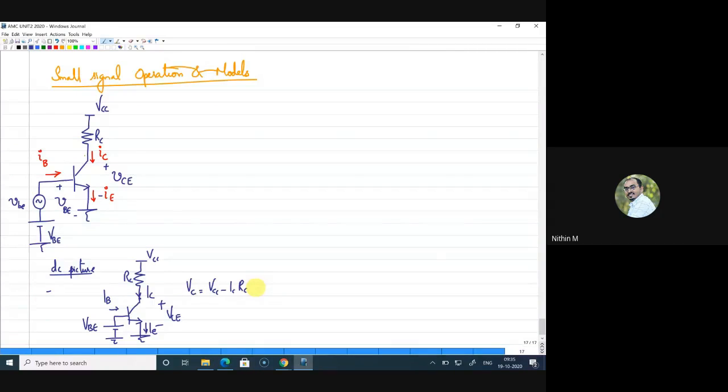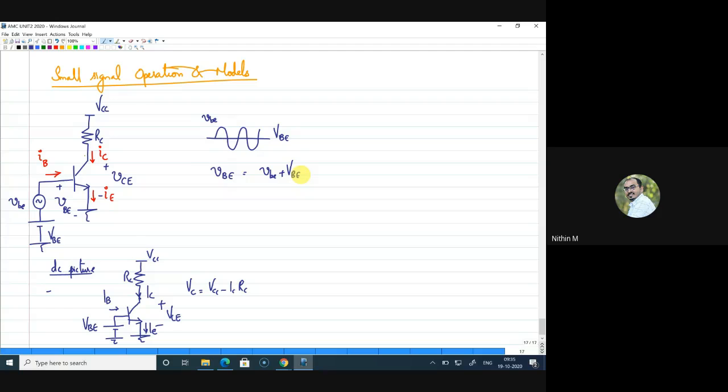Now for AC, if you look back at the circuit which has the AC voltage, what I understand is there is a DC voltage VBE. On that DC voltage, I am applying a small signal which is small vbe, and together I have a composite signal VBE, which is the sum of small vbe and the DC voltage VBE.